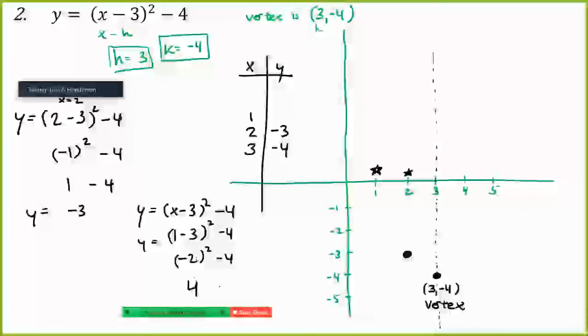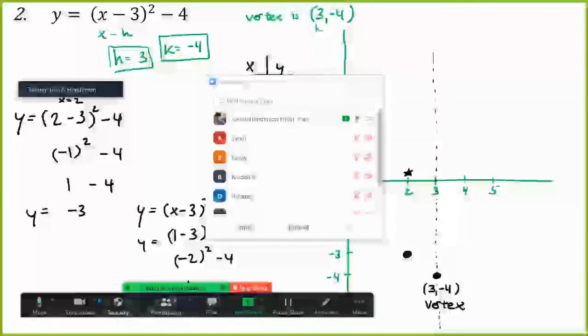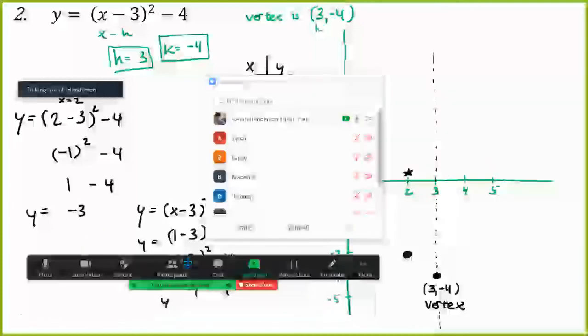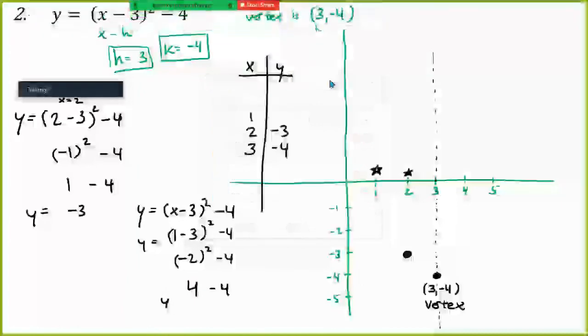So that's going to become positive 4. 4 minus 4 is 0. So y is equal to 0. Plugged in a 1, got out a 0. So 1 comma 0 right here on the line.